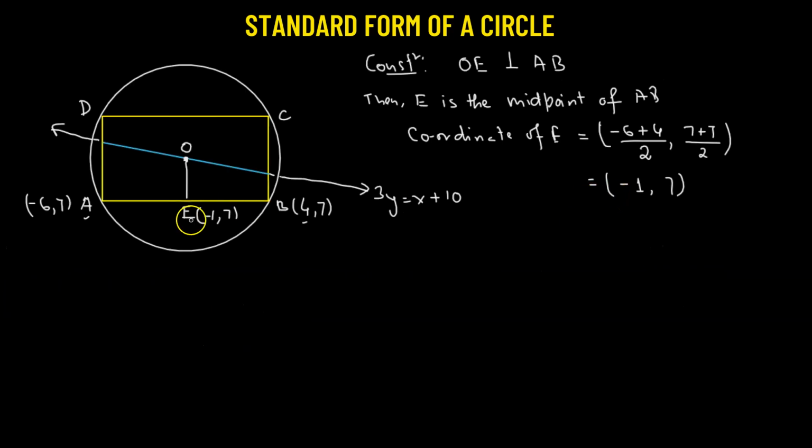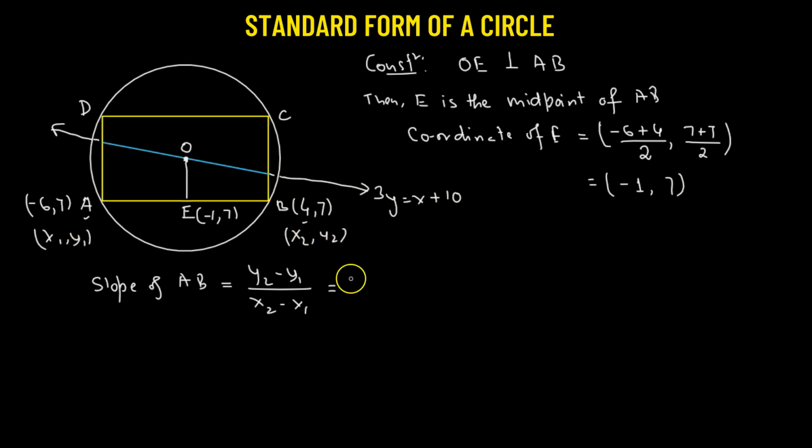Now that we have the coordinates of point E, we'll try to find the slope of the line AB. That's very simple. The slope is simply (y2 - y1) divided by (x2 - x1). Let's suppose A represents (x1, y1) and B represents (x2, y2).